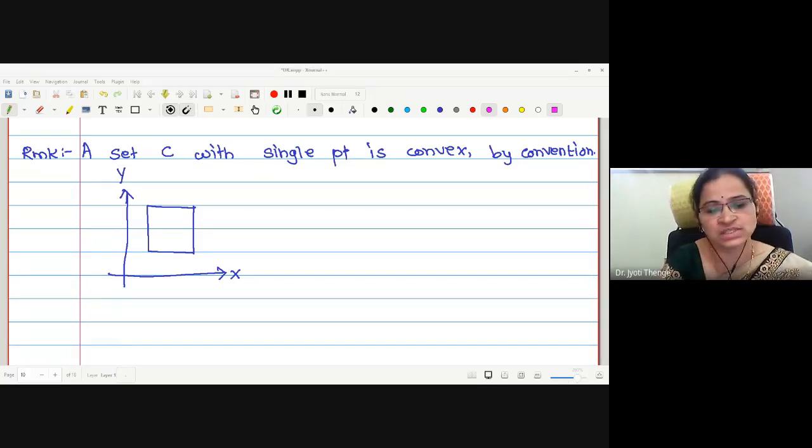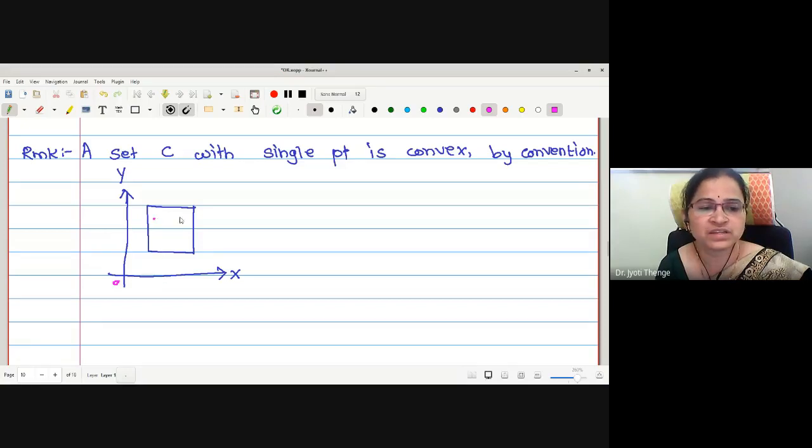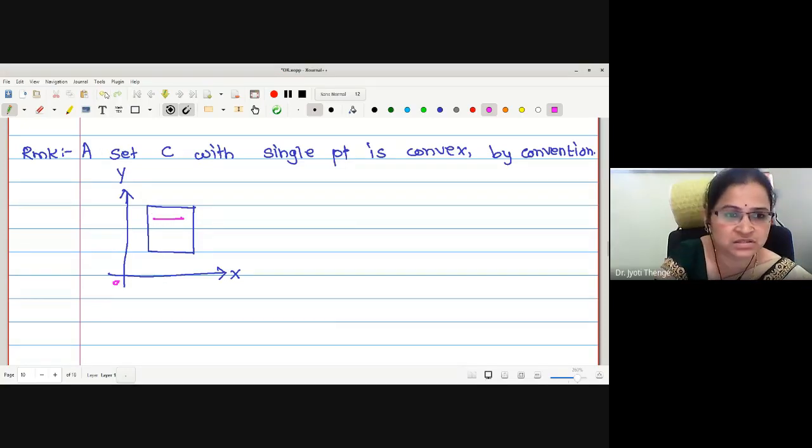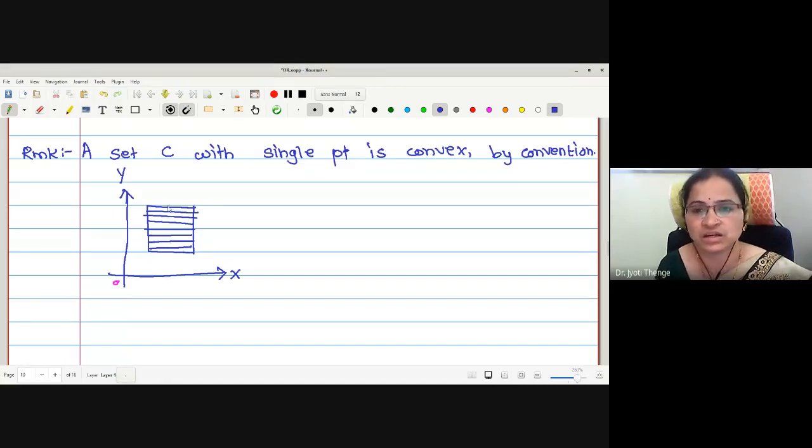If it is, the set is convex. If not, it is not a convex set. This is the sketch under consideration. Okay, this is the region under consideration.